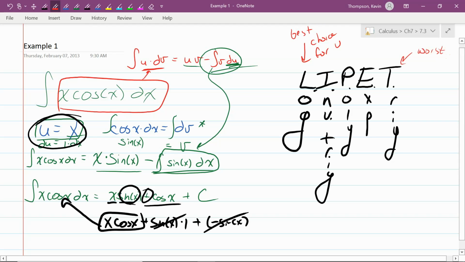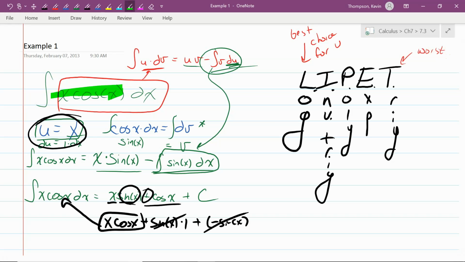So basically, we're looking back at these two functions. Those two functions are related to that product rule. So we're going to look at that list, and that's trying to help us choose the best thing for u. Do you notice the things left on the list you would rather take the derivative of than integrate?